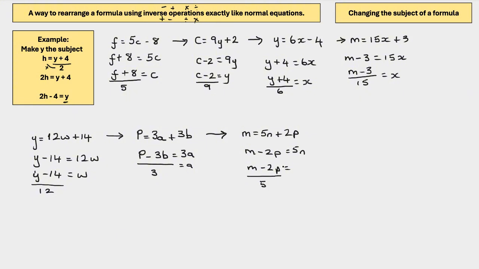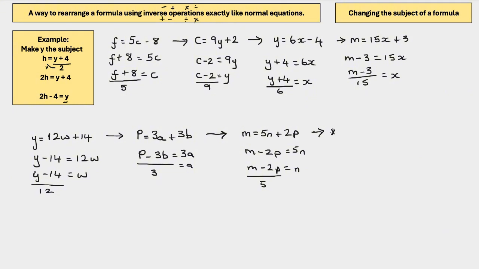So that goes over there to 5. There you go. Got the n. And let's do one more.